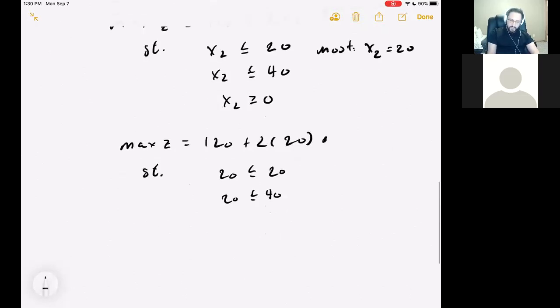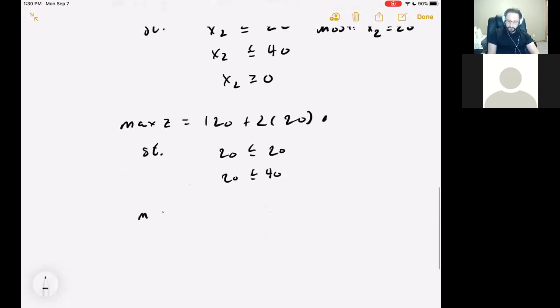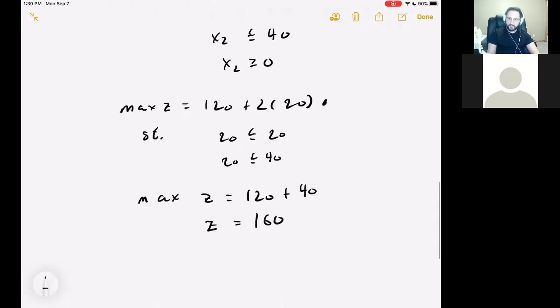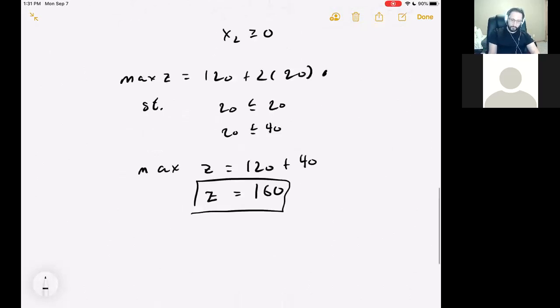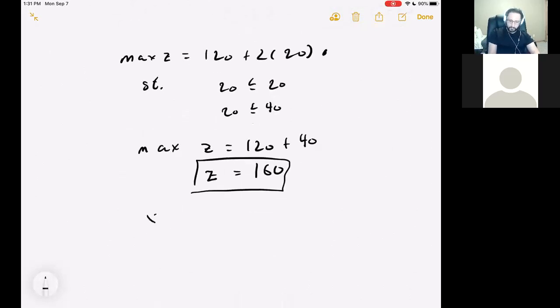I'm going to finish simplifying these expressions. The maximum value that comes out of this LP is z equals 160, and it occurs when x1 equals 40 and x2 equals 20.